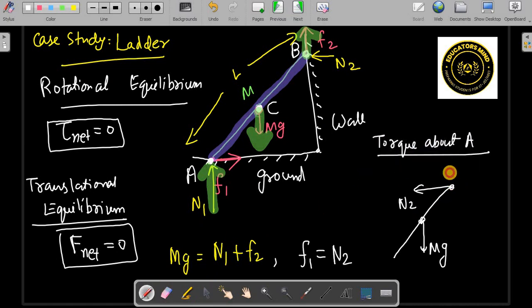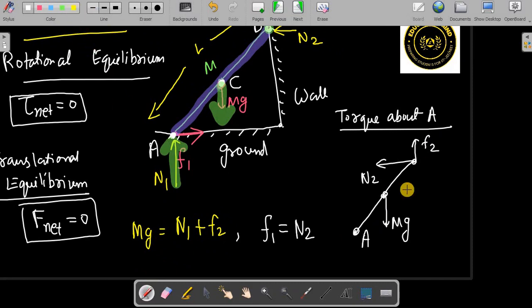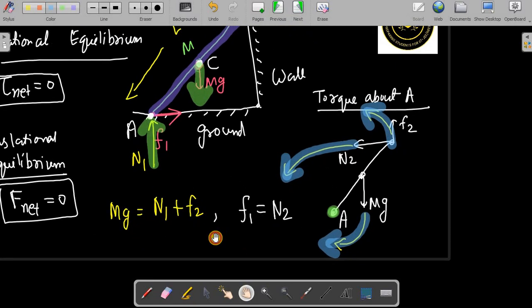So about point A, you can clearly see that the torque produced by mg is clockwise, N2 is anti-clockwise, and F2 is also anti-clockwise. So all these torques are balanced.